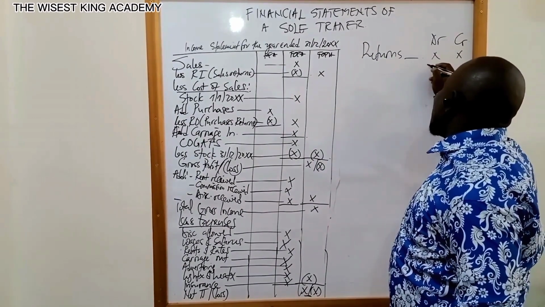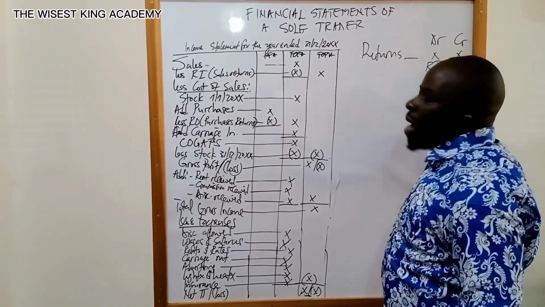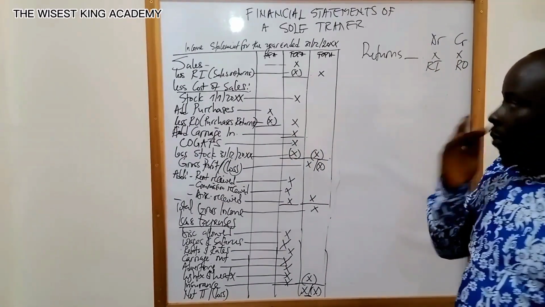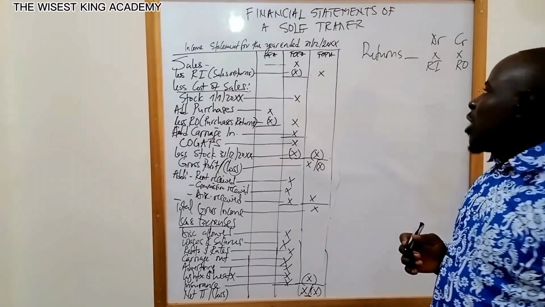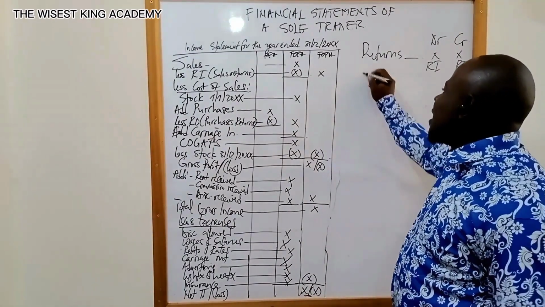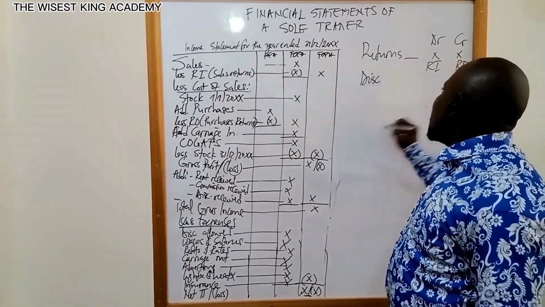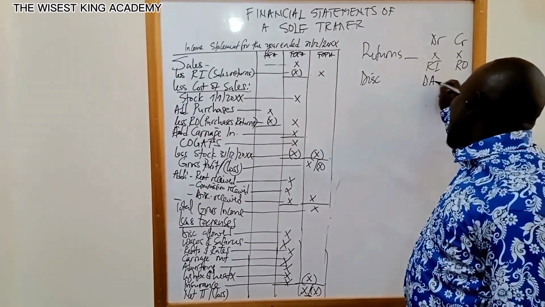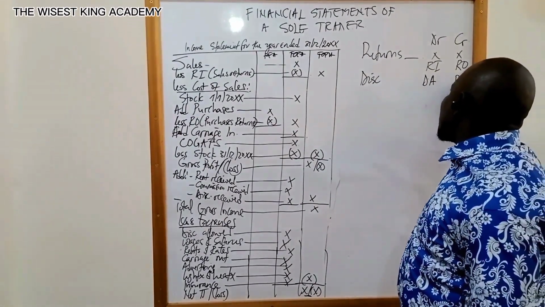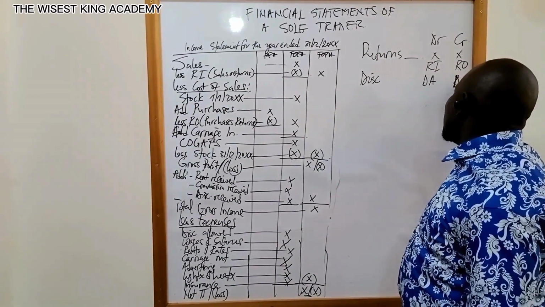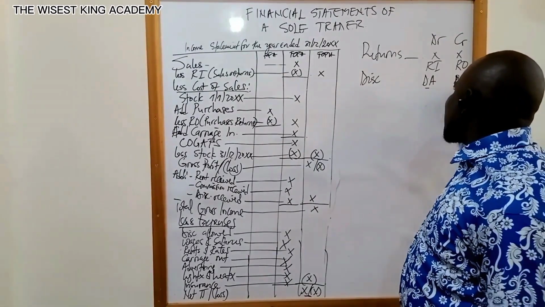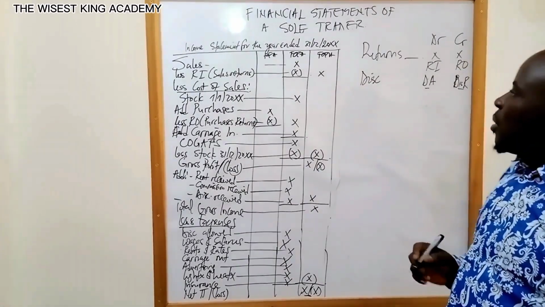Returns on the debit is returns inwards, meanwhile returns on the credit is returns outwards. You might find discounts. Discount on the debit is discount allowed. Discount on the credit is discount received. So this is an expense and this is an income.